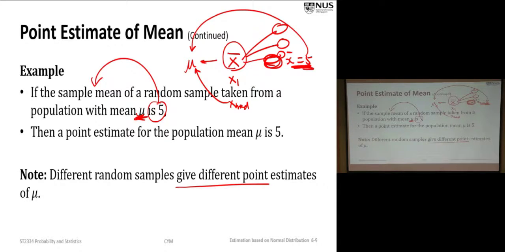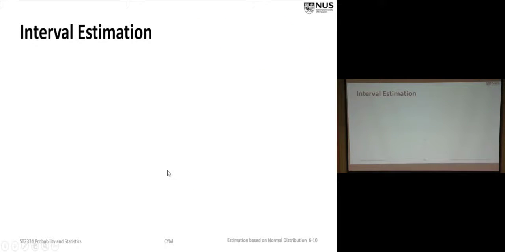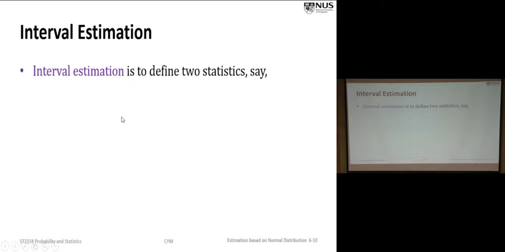One of the properties that X bar has is that it is unbiased. We will discuss why it's unbiased. All right. Interval estimation. Interval estimation obviously is an interval, so we have two numbers instead. We try to get an interval to estimate these unknown parameters.